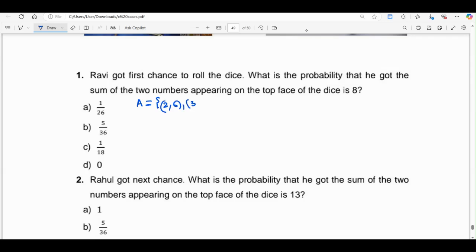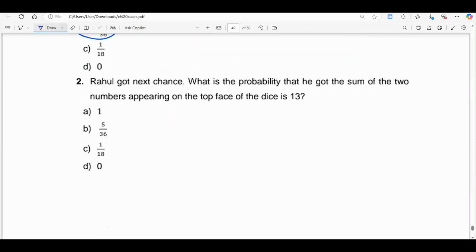Then 3 comma 5, then 4 comma 4, then 5 comma 3, then 6 comma 2. That is 1, 2, 3, 4, 5. So 5 divided by 36 will be the answer. That will be option B.